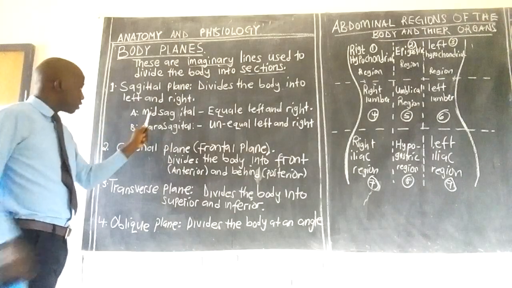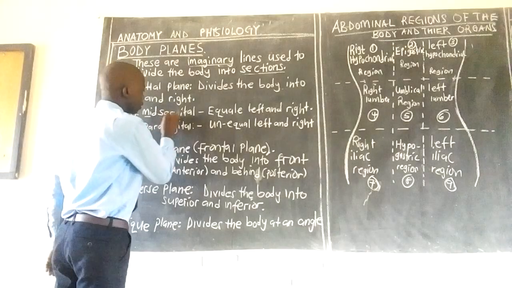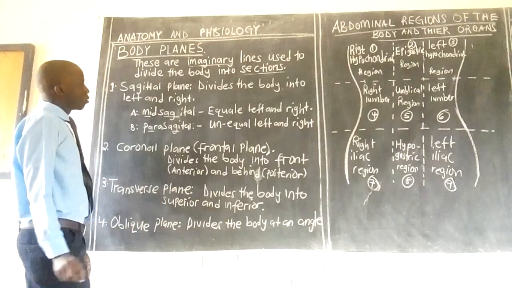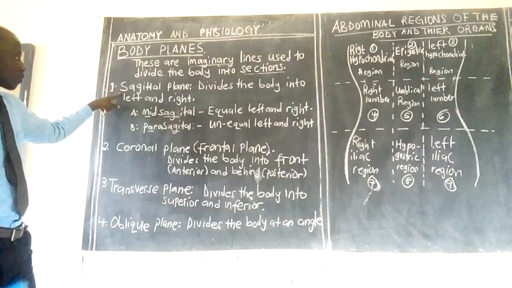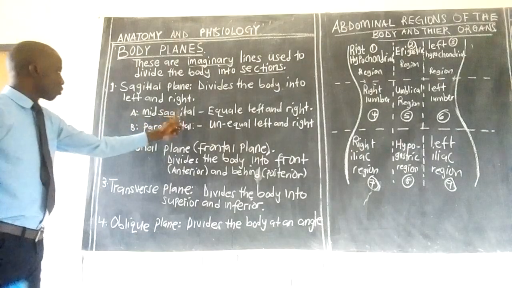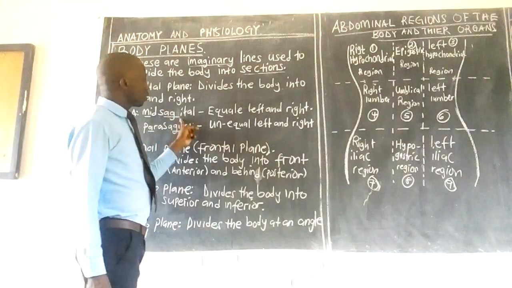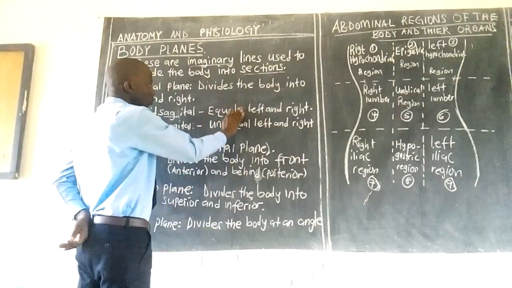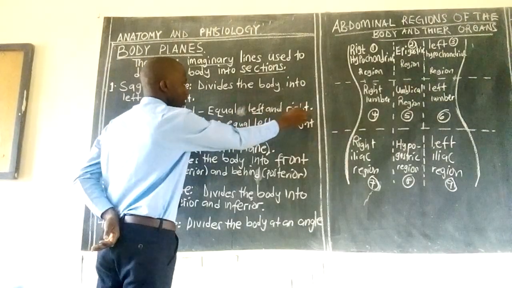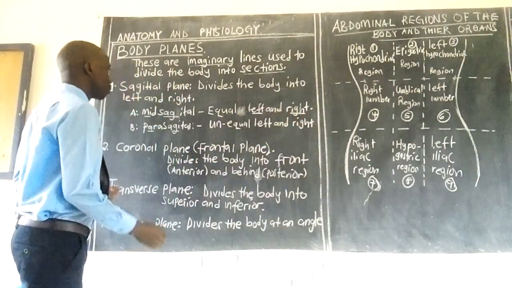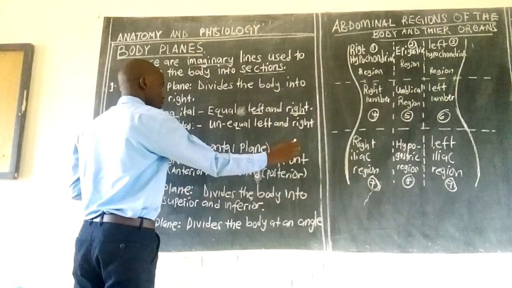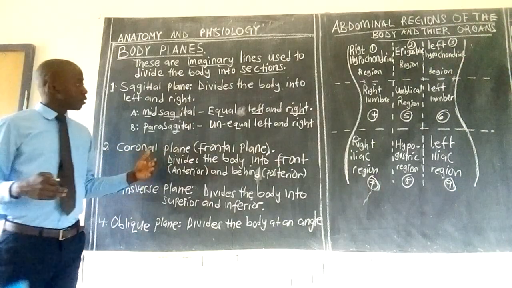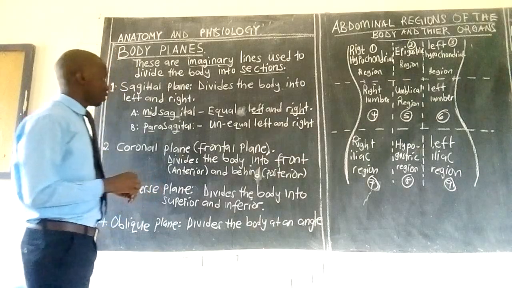We can have mid-sagittal and parasagittal planes. Now, the mid-sagittal plane divides the body into equal left and right. Meaning, when we divide our body, the left part is going to be equal to the right part. That is the mid-sagittal plane.